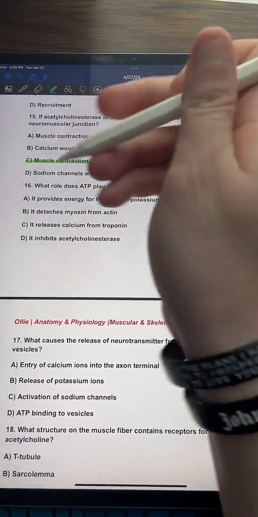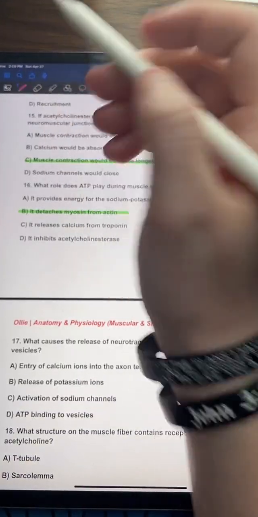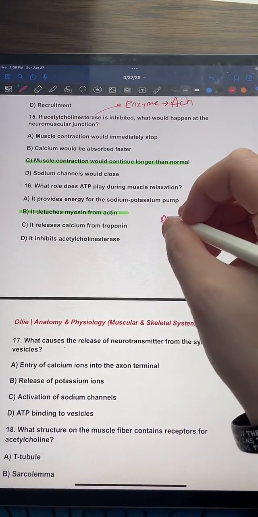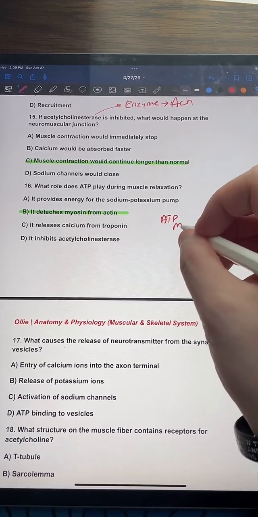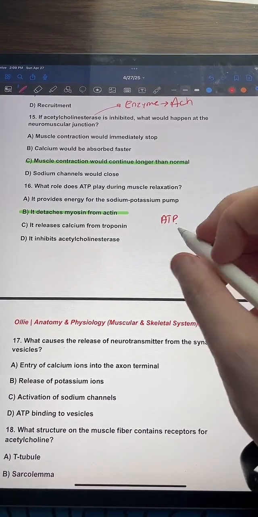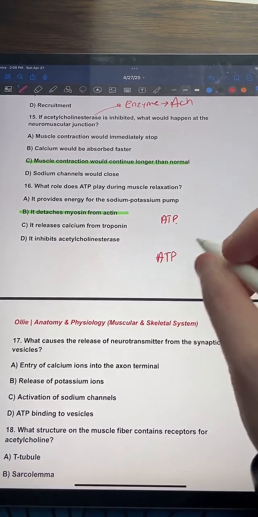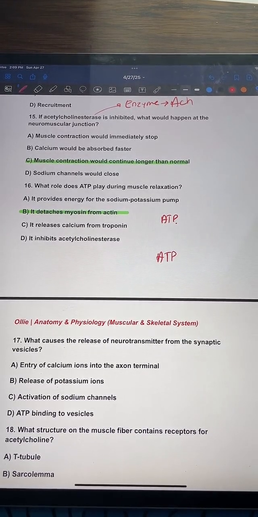Answer choice is B. It detaches myosin from actin. So you need ATP to attach myosin to actin, and then you need ATP again to detach myosin from actin.